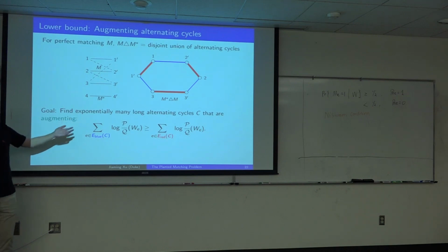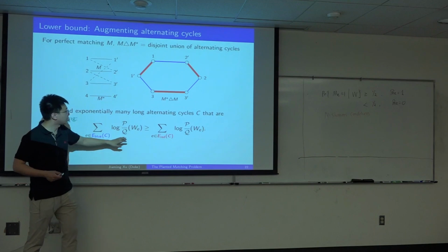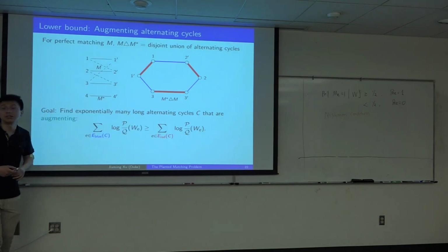But now I can just look at the difference. Now this boils down to finding exponentially many long alternating cycles. They are so-called augmenting, in the sense that if you look at the log likelihood, the sum of the log likelihoods for the blue edges is bigger than the sum of the log likelihoods of the red edges.